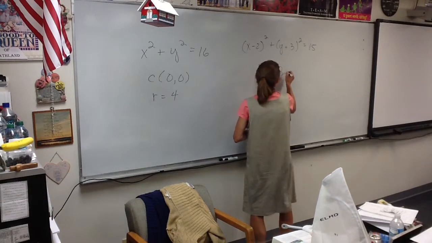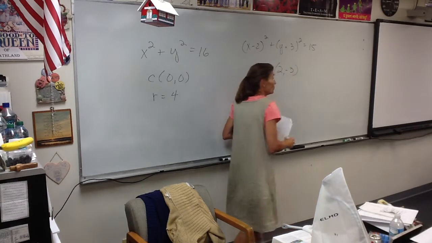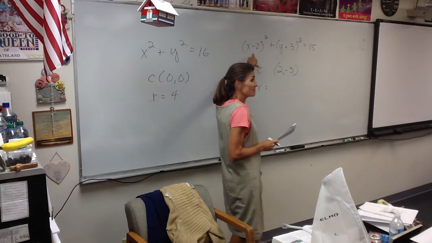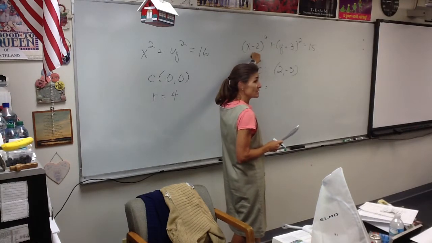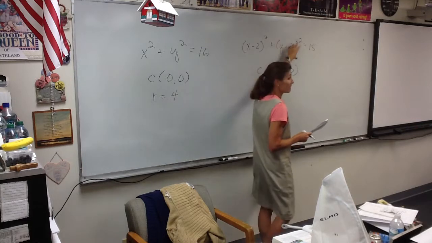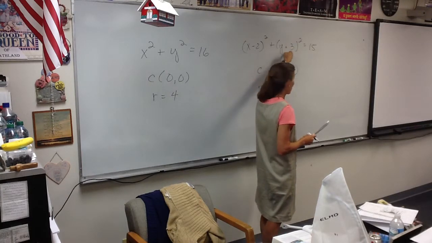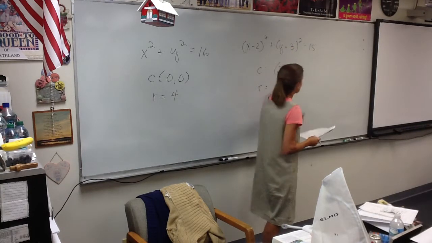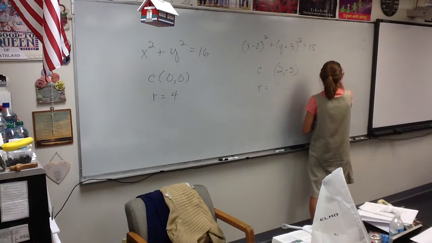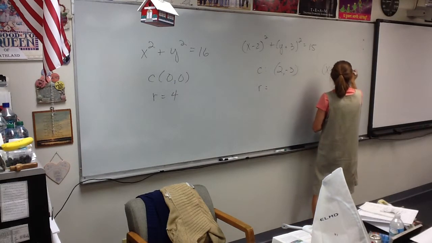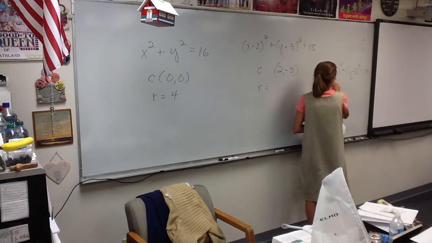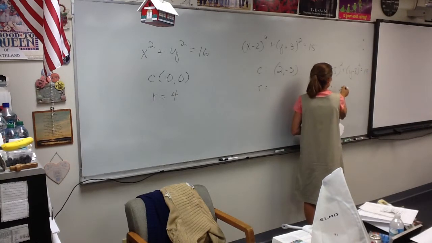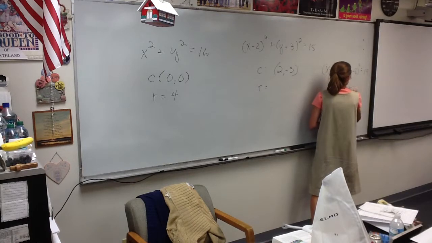See where that positive 2 came from? Kind of the opposite of what's in there. See where the negative 3 came from? The opposite of what's in there. So if I had a circle that was x plus 5 squared plus y minus 8 squared equals 19, you would tell me that my center is negative 5, 8.